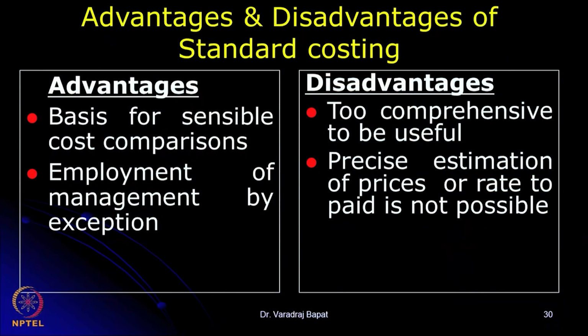Now the last part. We have already seen different types of variances. Now we can understand the advantages and disadvantages. The important advantage is you can make sensible comparison because of standard costing. Because we have set objective standards, the actual performance can be compared with an objective benchmark.